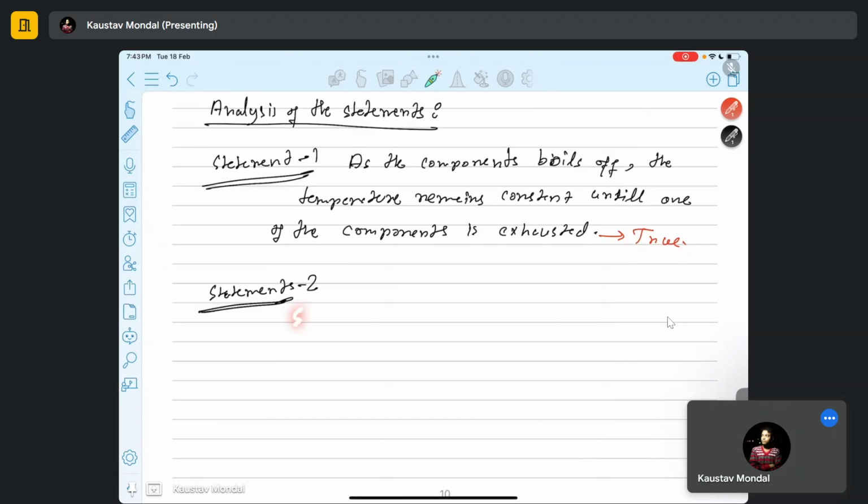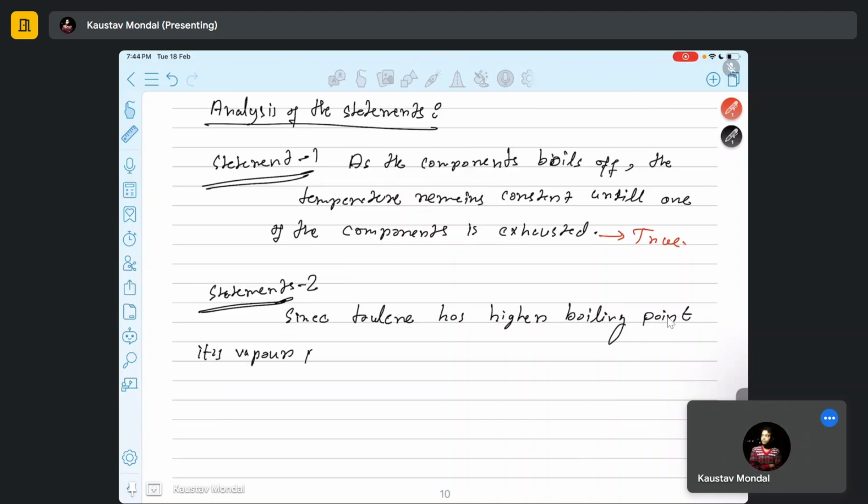Since toluene has a high boiling point, its vapor pressure at a given temperature should be less than water's.